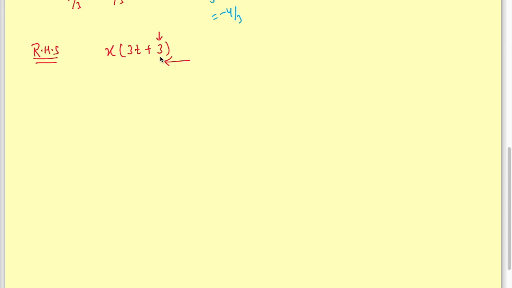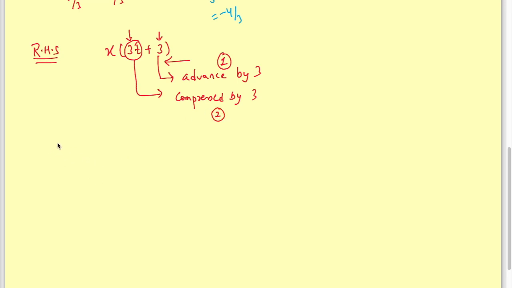So I need to advance my signal by 3. Then I see this part, so I need to compress my signal by 3 units. So this is our first step and this is our second step.